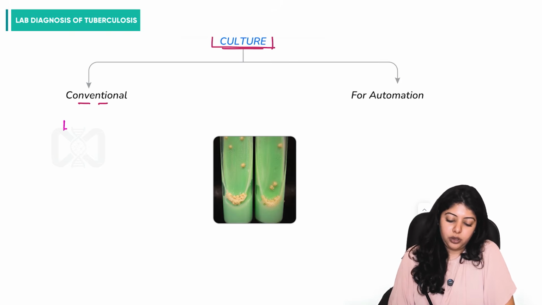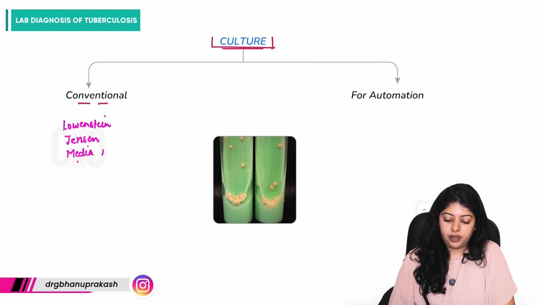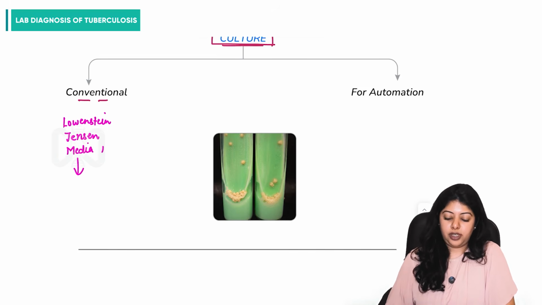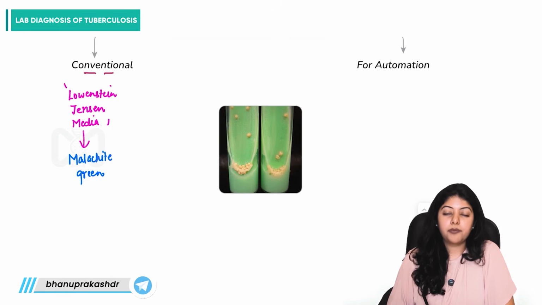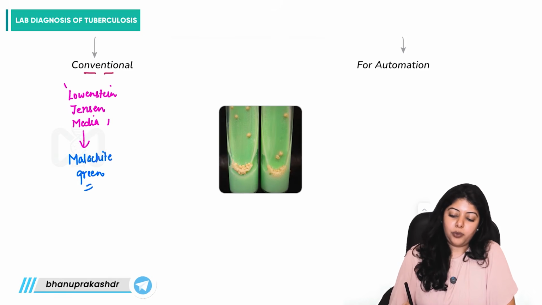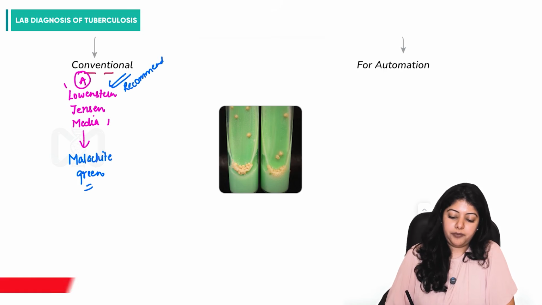It is the Lowenstein-Jensen media, LJ media, which has malachite green as the selective agent. This is the most commonly used and recommended by NTP.